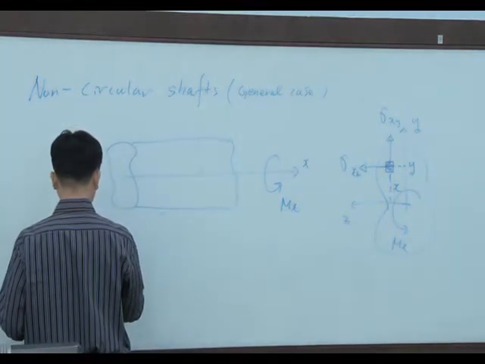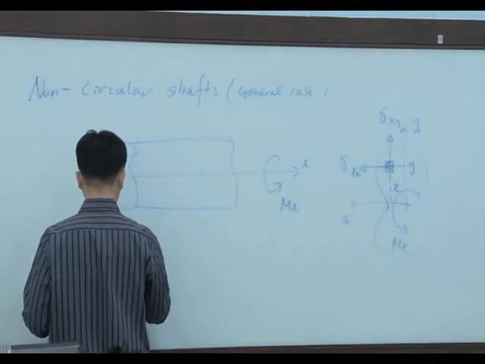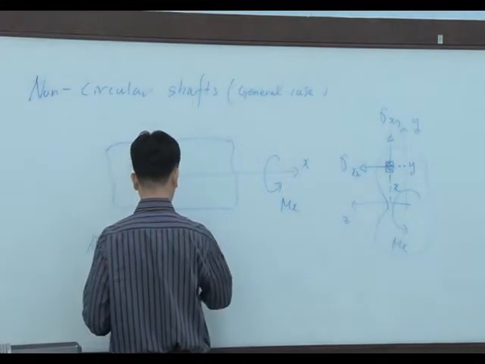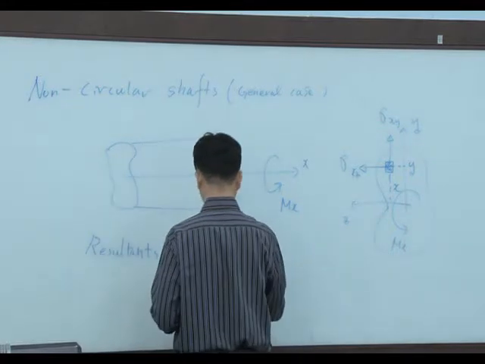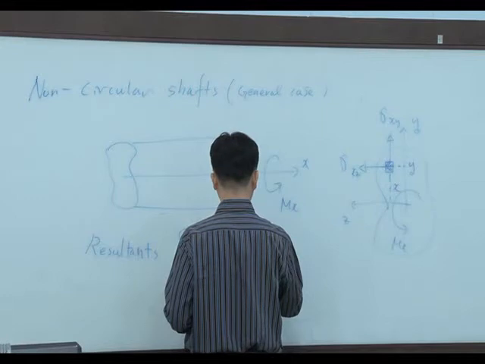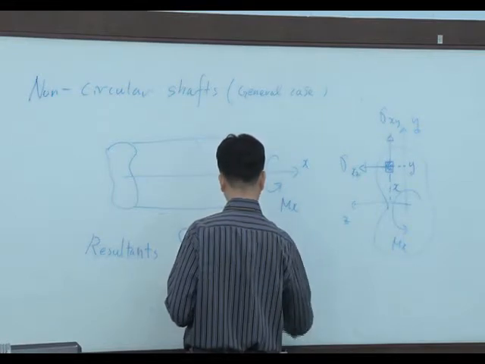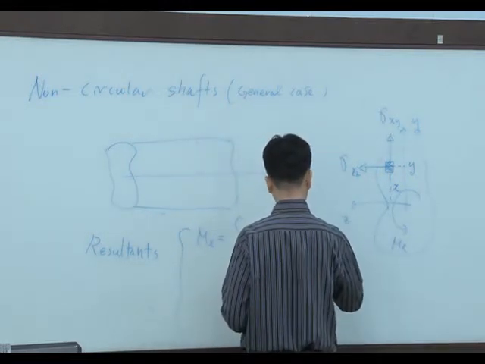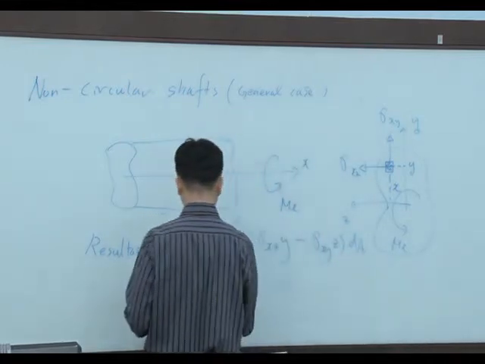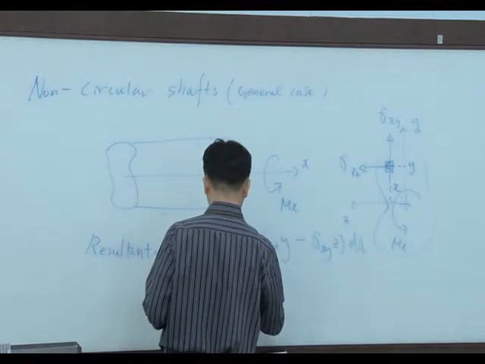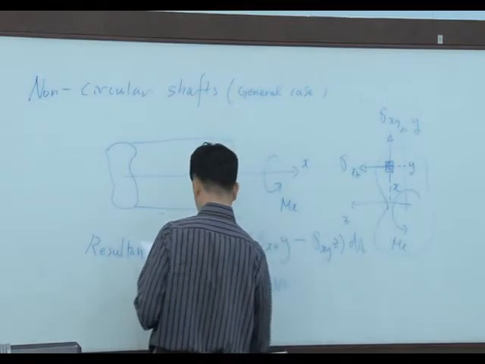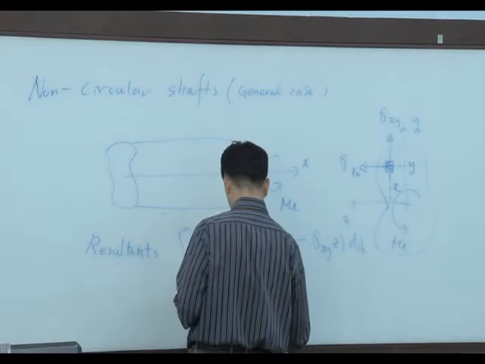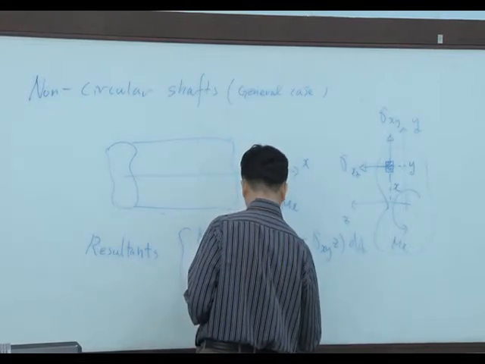So the resultant mx equals the integral of stress xz times y minus stress xy times z dA. And Vy equals the integral of stress xy dA, and Vz is the cross-sectional shear force due to the stresses xy and xz.